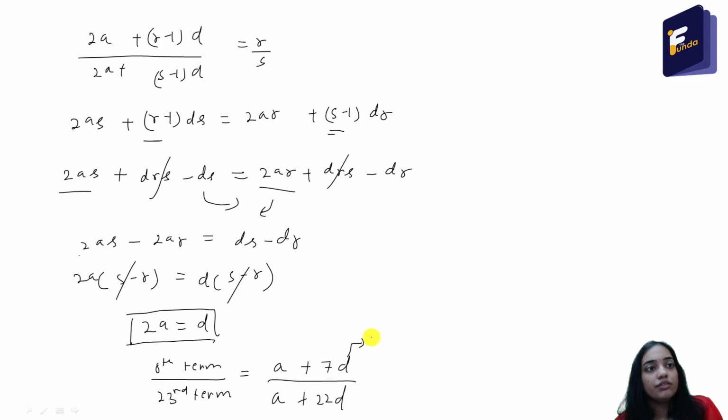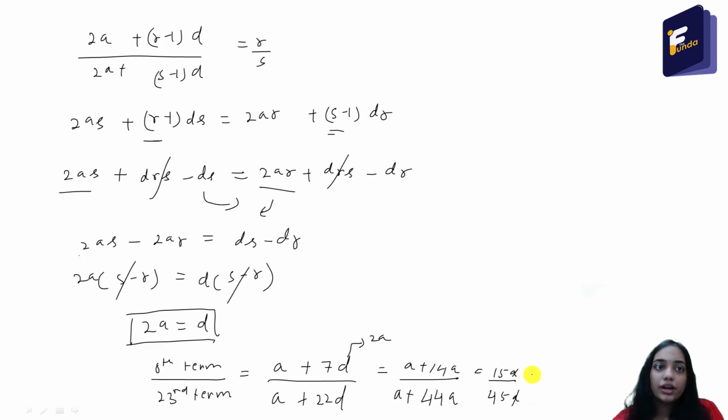So it will be a plus 2a into 7, that is 14a, so 15a, by a plus 2a into 22, that is 44a, so 45a. Now the a cancels out. So it will be 15 by 45, and by simplifying it, we get 1 by 3. So the ratio of 8th term to 23rd term is 1 by 3.